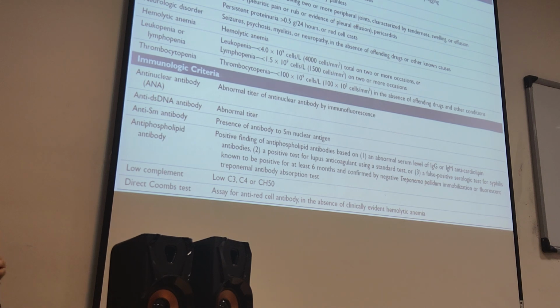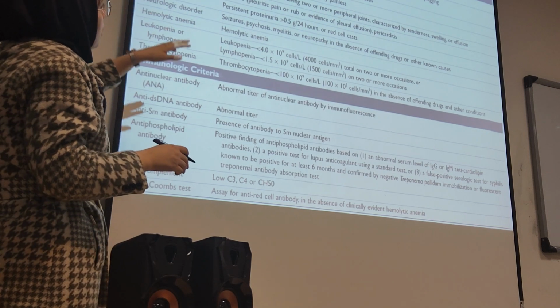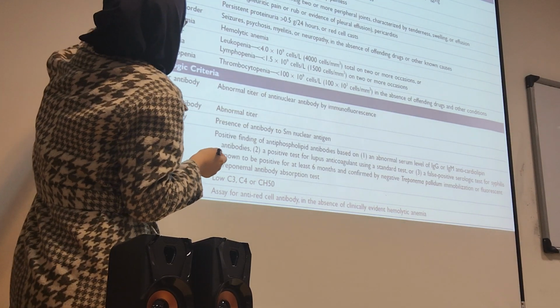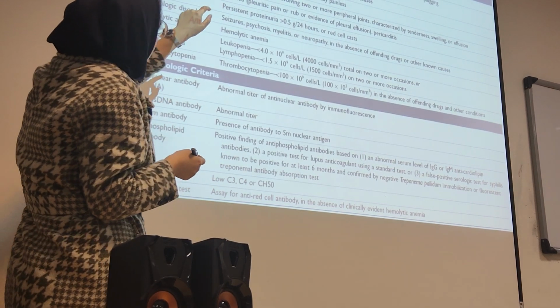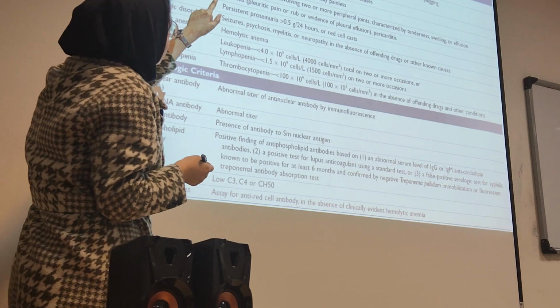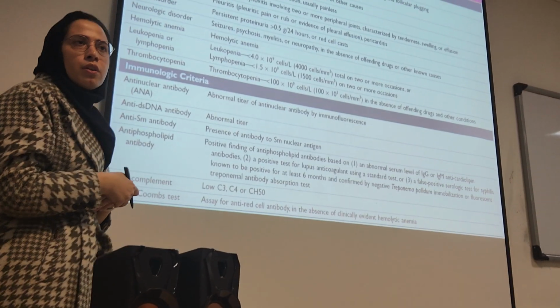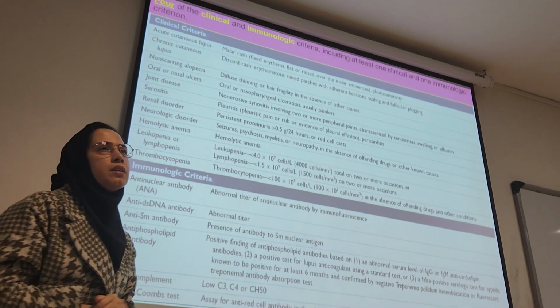These are the clinical criteria for lupus. For establishing the diagnosis, you should have 4 of the clinical and immunology criteria, including at least 1 clinical and 1 immunology.